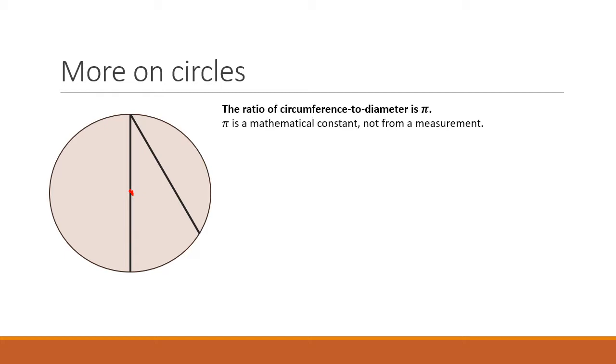And once you have diameter, the perimeter of a circle is called circumference, and we can define the ratio of circumference to diameter and call it pi, which is about 3.14. Now we say pi is about 3.14, but this isn't really a measurement. This is a mathematical constant.